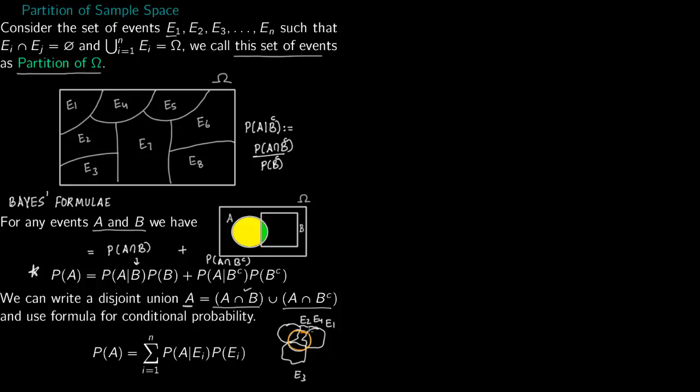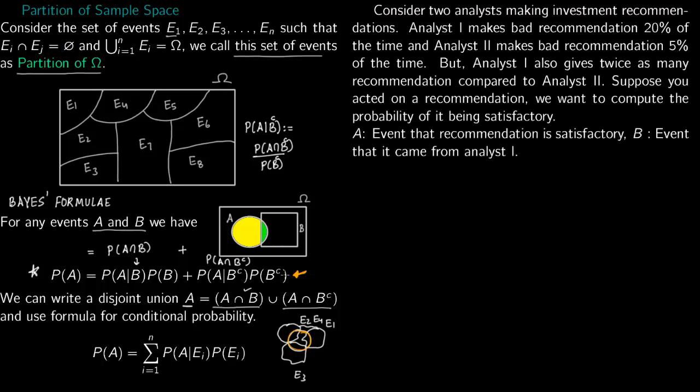Now let us give an example where we actually use this Bayes formula for computing probabilities. This is a standard example and it shows up in many formats. We have modified it for finance. Say you hire 2 analysts, or you get recommendations from a company which has 2 analysts, and these 2 analysts make investment recommendations.